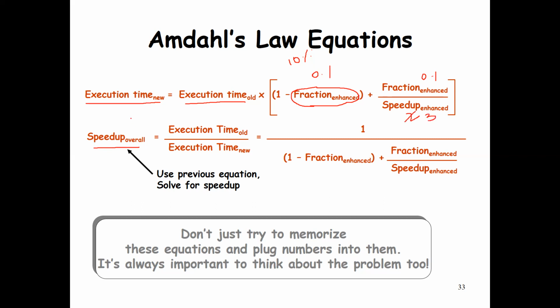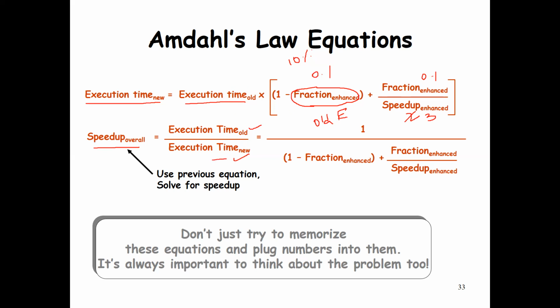right? And then the overall speed up is calculated like this: old execution time divided by new execution time. So here let us assume it is old execution time at the top, divided by new execution time. What is new execution time?